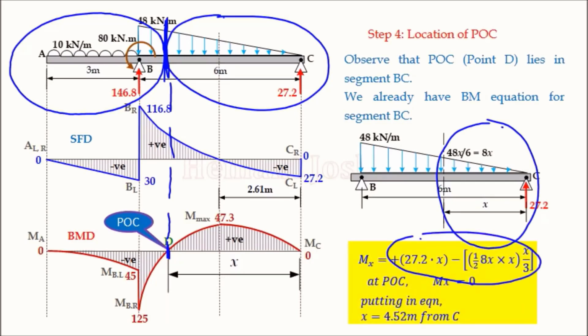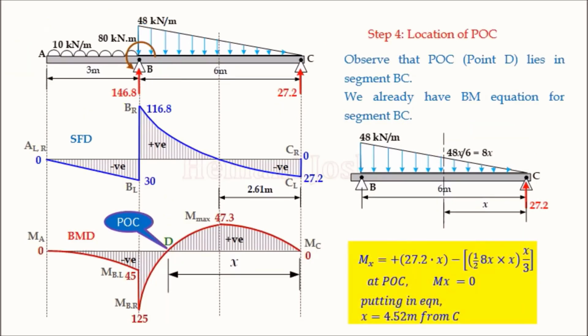It is already here. Only what I have to do, this bending moment at this particular POC is 0. So I will equate this equation to 0, and solving for x, I get the point of contraflexure, that is x equal to 4.52 from C, because my section is taken from C here. Correct? So this way I am plotting the shear force diagram and bending moment diagram.